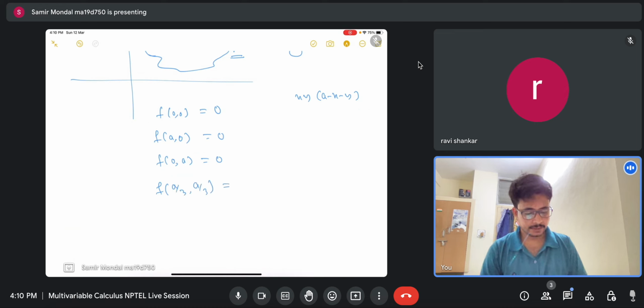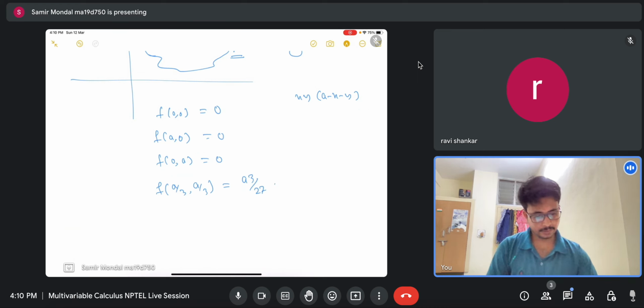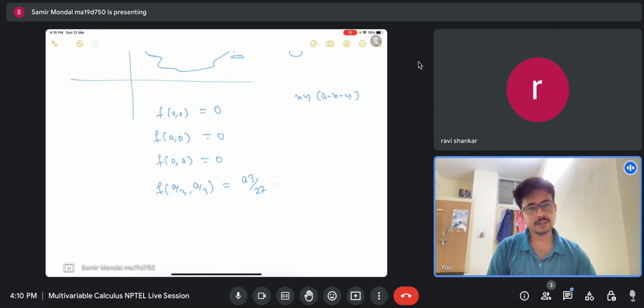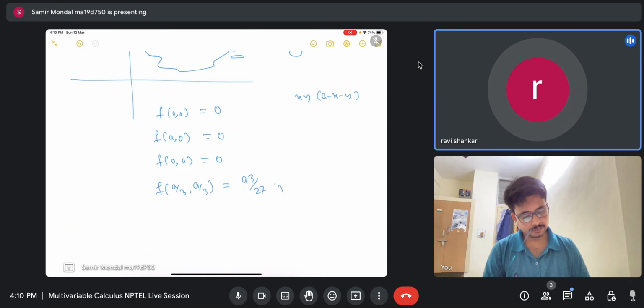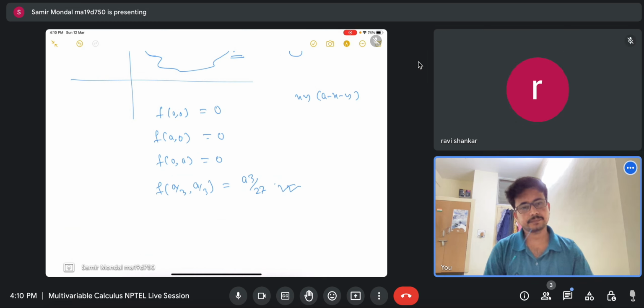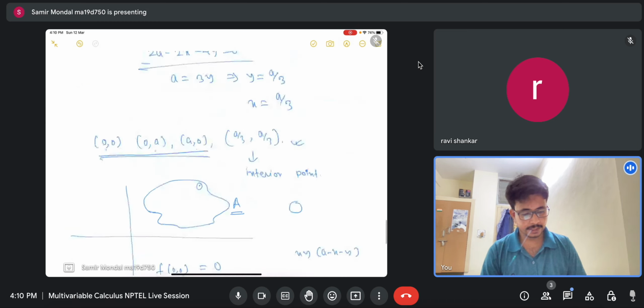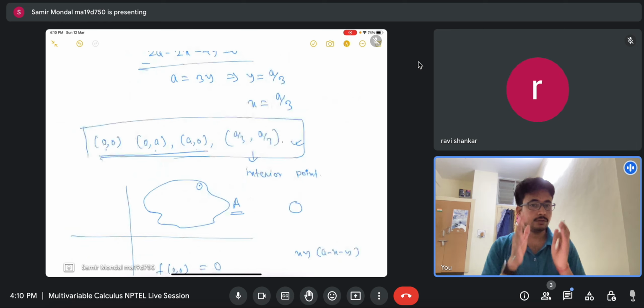What will we get? a cube by 27, is it or not? Yes, sir. So this is a cube by 27, and this is your maximum, because all these points are critical points. So these are the possible points of extrema.